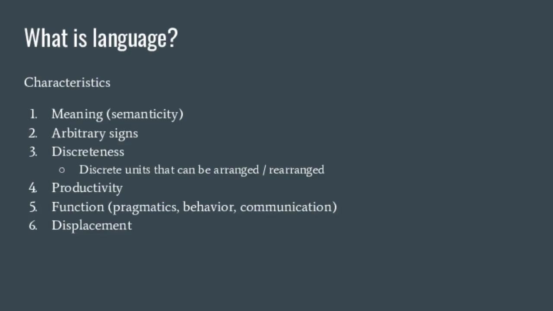Function. Language has certain functions. Communication: I communicate information. I communicate feelings, like how happy I feel. We use it to affect behavior or behavioral changes in someone else. You tell your child, stop picking your nose, because you want the child to alter his or her behavior.